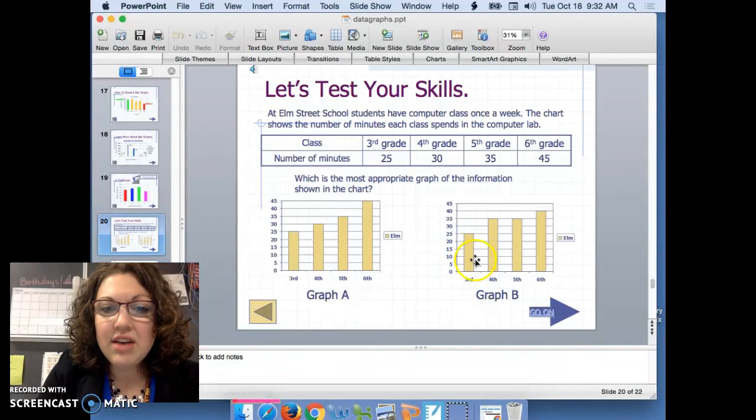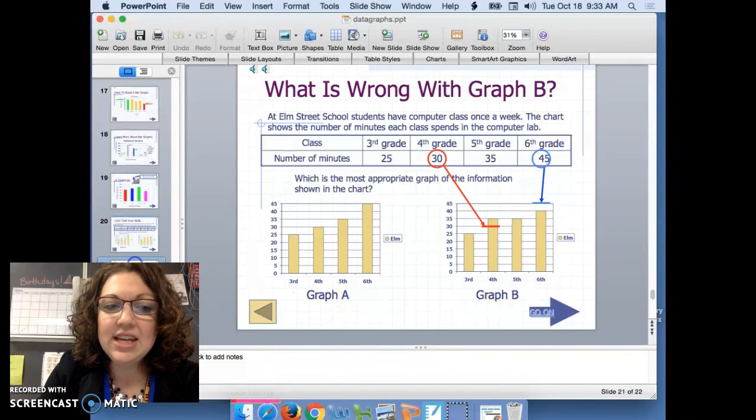Here they have third grade has 25, fourth grade has 35, fifth has 35, sixth has 40. Which one is correct? Right, graph A is the correct graph because in graph B you did not appropriately line up the numbers from the data table with the graph, and so graph B has incorrect information.